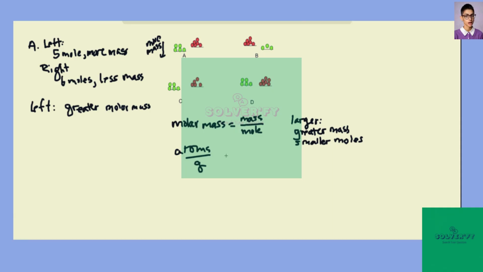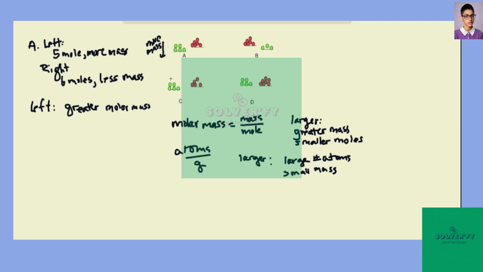If we look at atoms per gram, in order to have a larger ratio, we would want a large number on top and a small number on bottom. So we can also consider each of these circles, instead of each being a mole of a substance, to be a specific atom of a substance.